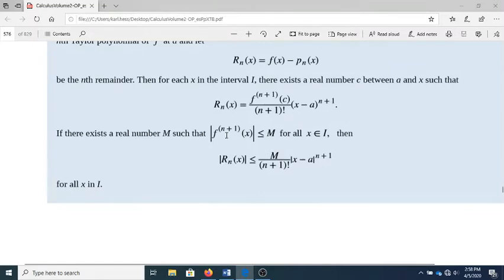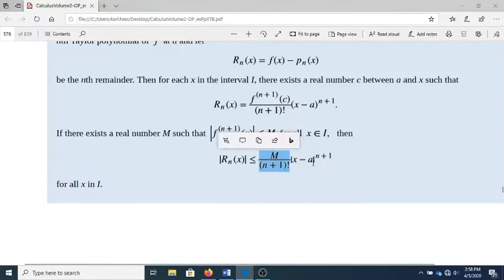Basically we have to compute the n plus 1 derivative, figure out its maximum value between the value the series is centered at and the value where we want to do our approximation, a and x. We call that maximum big M, and then we divide that by the n plus 1 factorial and multiply it by the absolute value of x minus a, to the n plus 1.